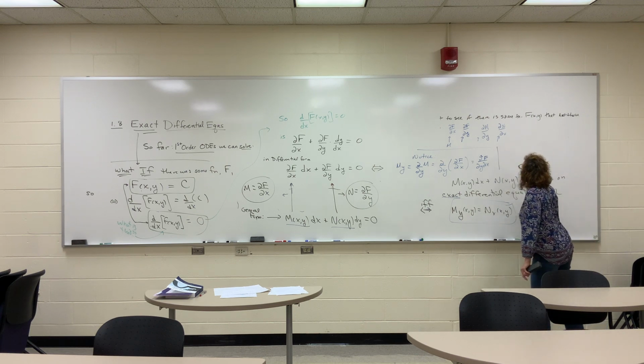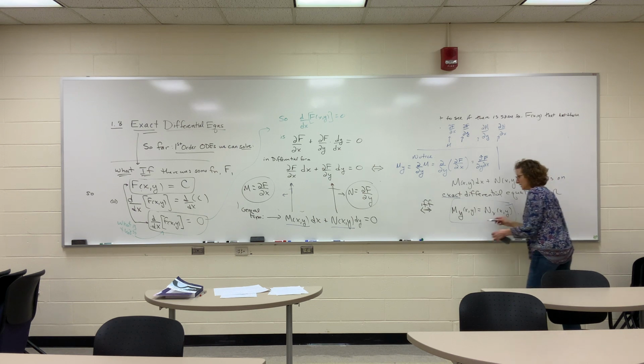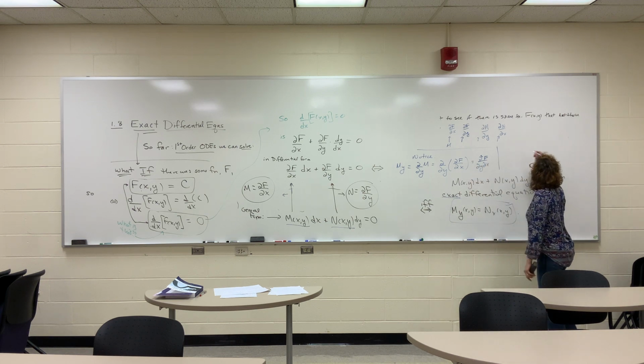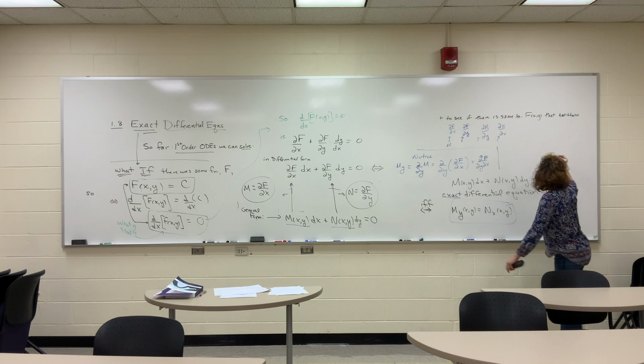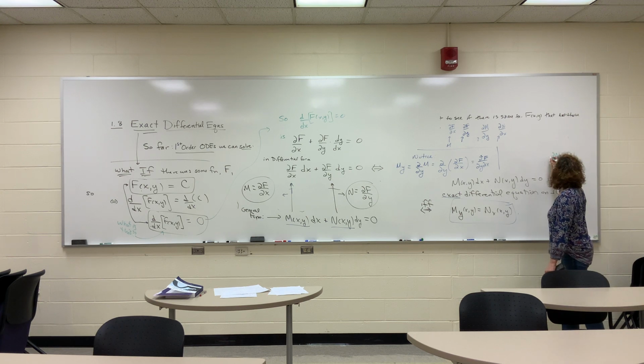And now let's look at this guy. Maybe I'll do that in green. Okay, so maybe we'll come this direction. Nx means the partial derivative with respect to x of N. But what is that?